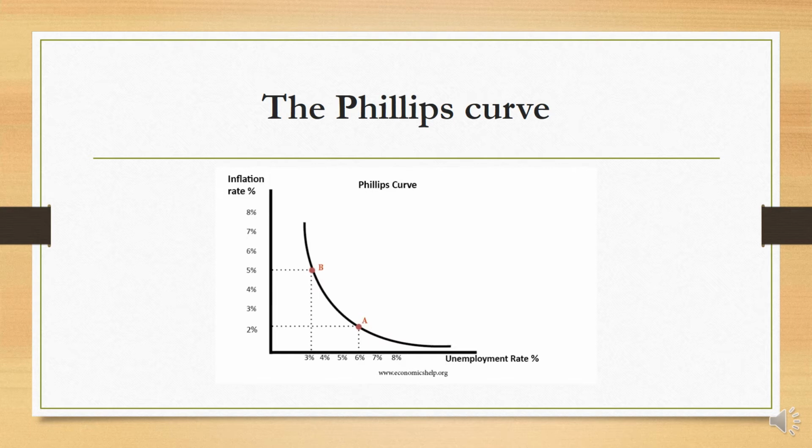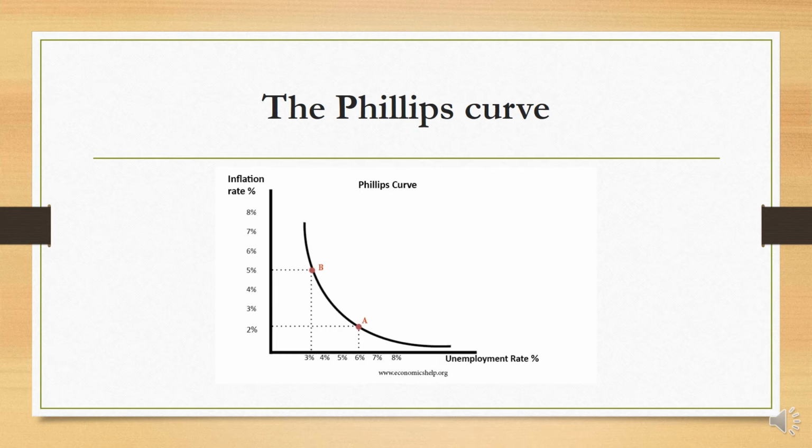Here is the basic diagram of the Phillips curve. On the x-axis we take the unemployment rate and on the y-axis the inflation rate. There is a trade-off between unemployment and inflation. Look at point A: the inflation rate is 2% and the unemployment rate is 6%.